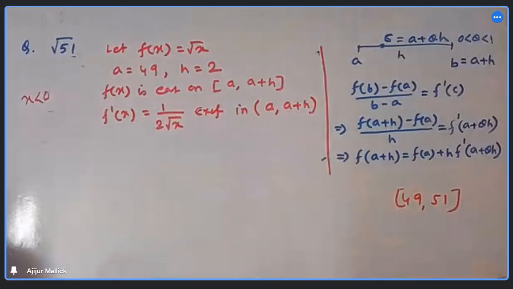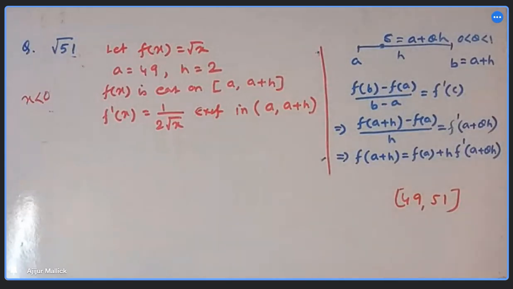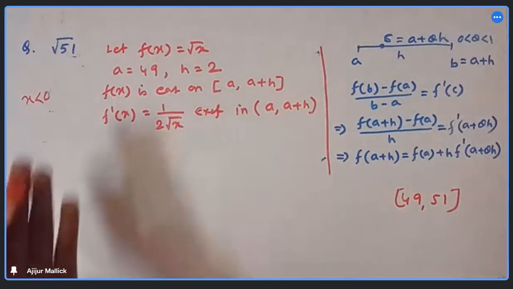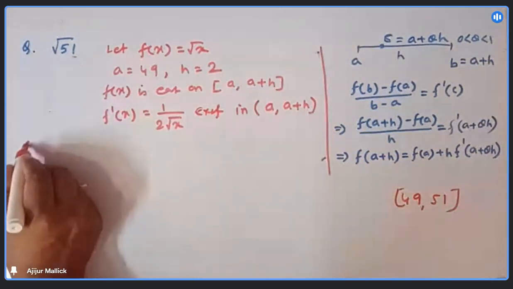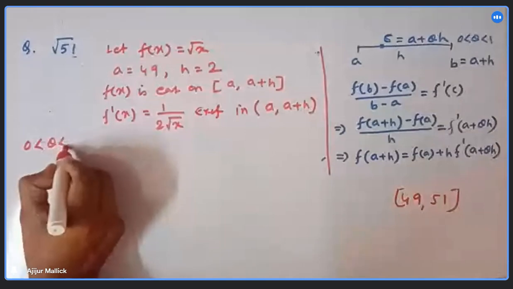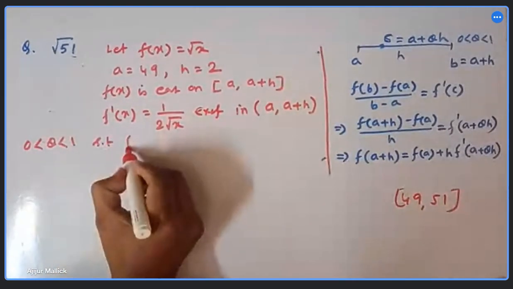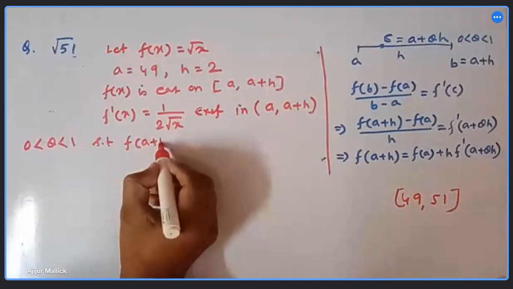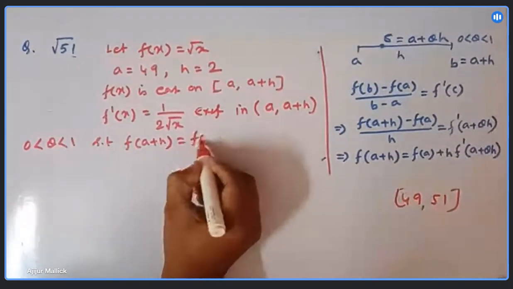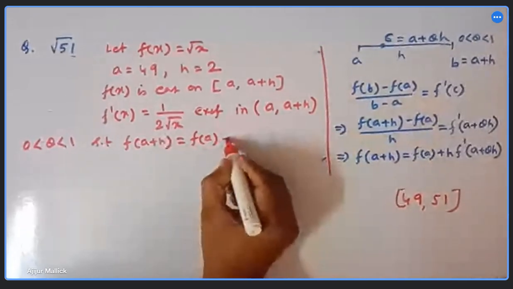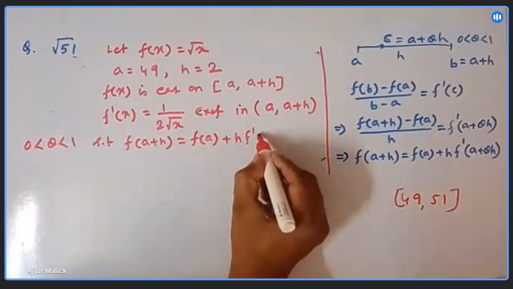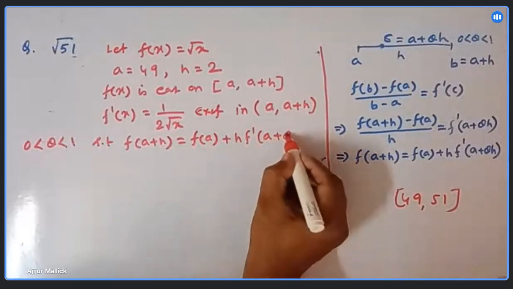Therefore, there exists theta where 0 less than theta less than 1 such that f(a plus h) is equal to f(a) plus h into f dash (a plus theta h).